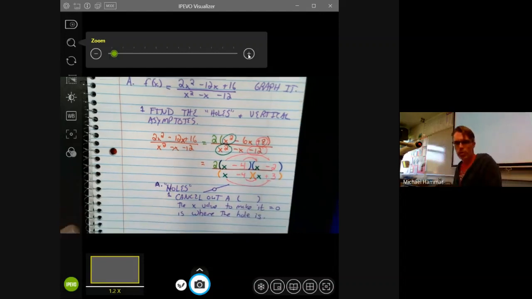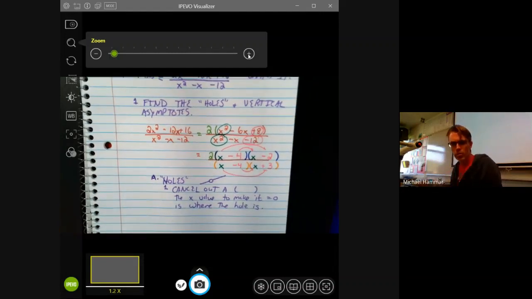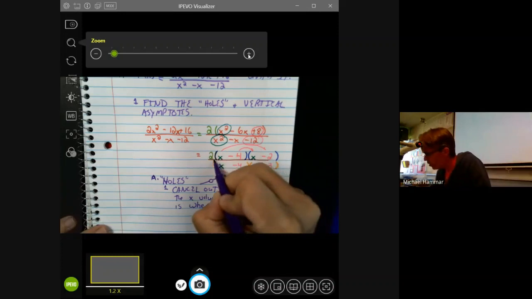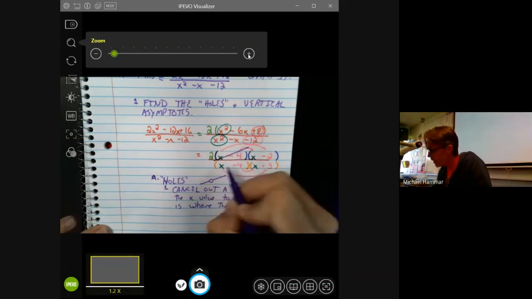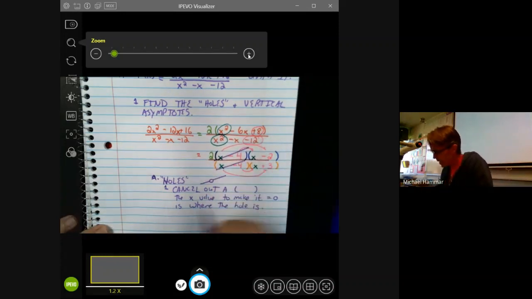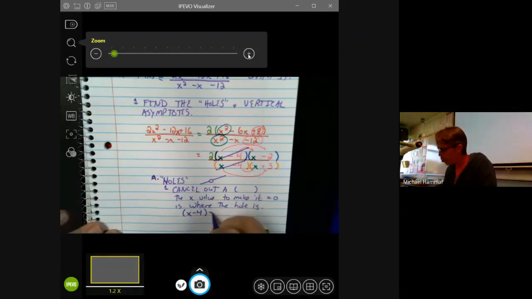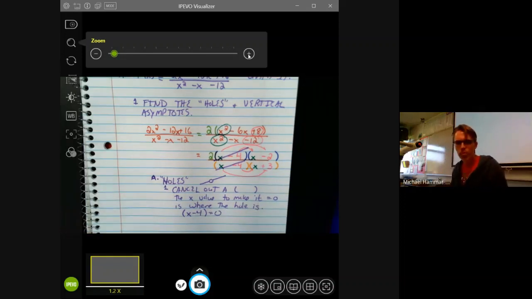Okay, so let's look at our factored expression. If we look up at our factored expression, what part can we cancel out? Well, we can cancel x minus 4 and x minus 4. So x minus 4 is canceled out, but we want to know where does that equal 0?